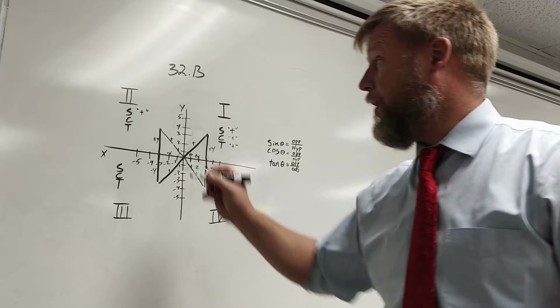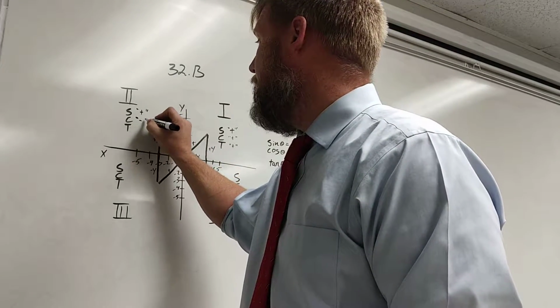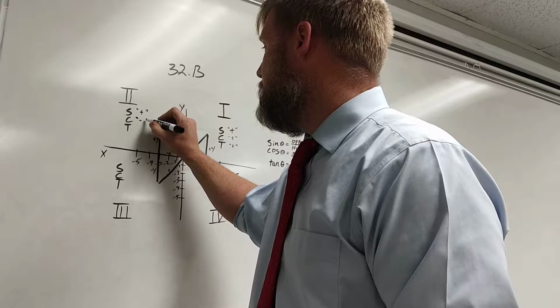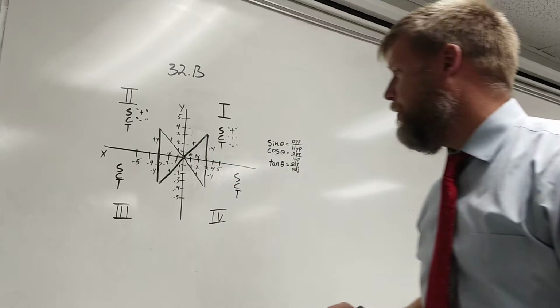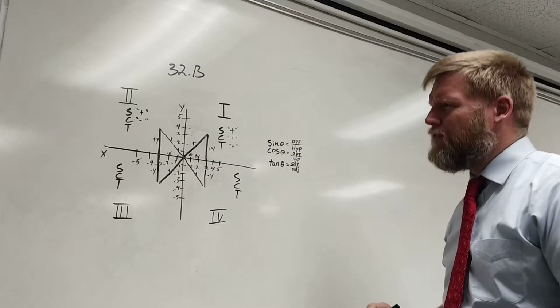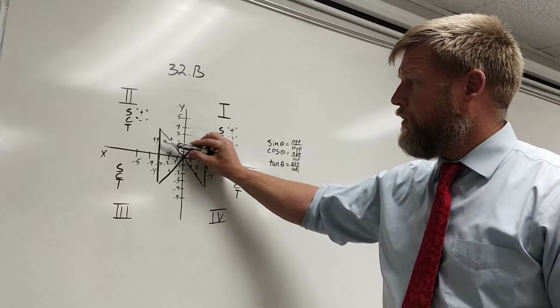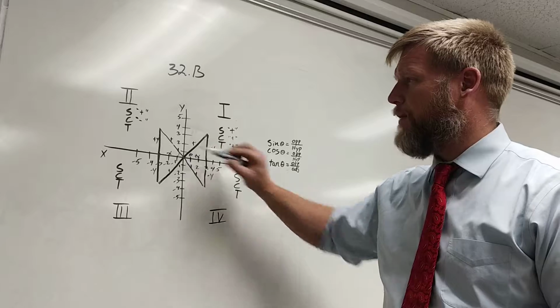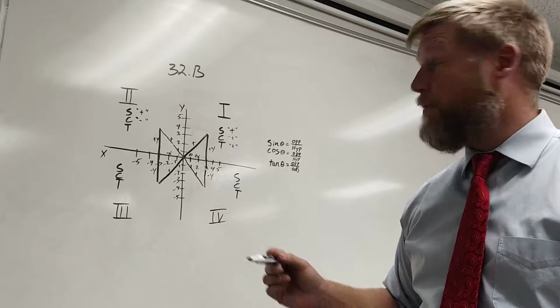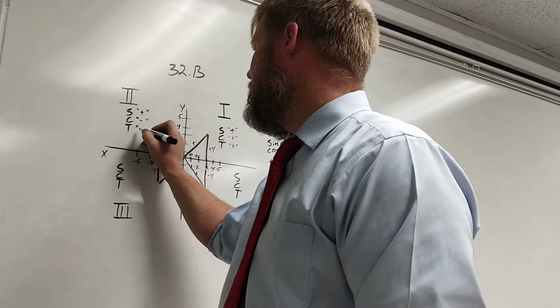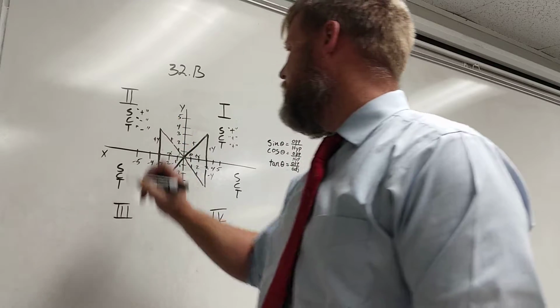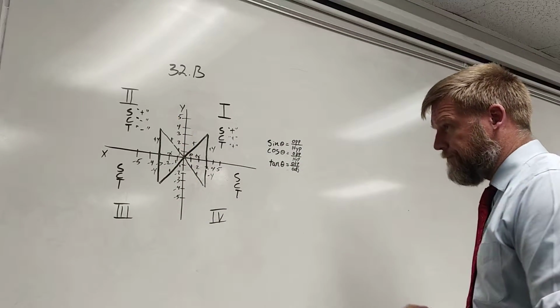Well, a negative divided by a positive is always going to give me a negative value. And then my tangent is going to be my opposite over my adjacent, a positive divided by a negative, which is going to leave me with another negative. So my tangent function is negative in the second quadrant.